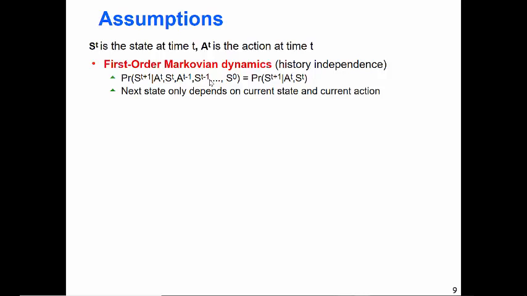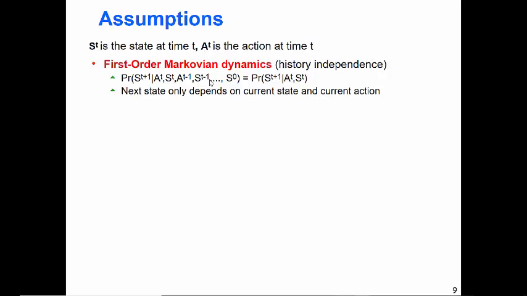And you'll have some written homework problems where you can also have second order Markovian dynamics, where the transition probability depends on the last two states, for example, or third order, the last three states.